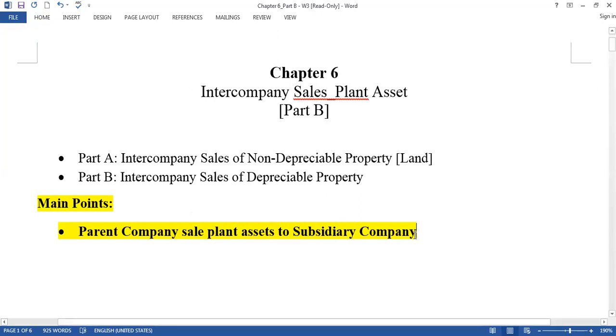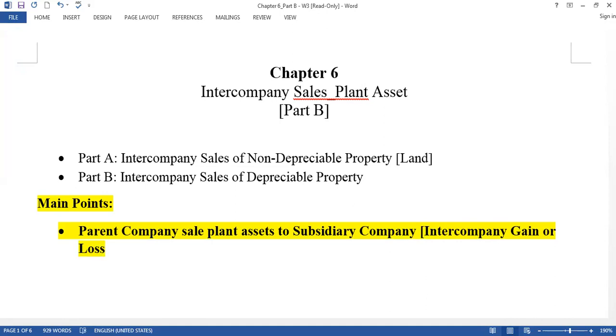Whenever we have a sale of plant asset, as it is intercompany, we may have intercompany gain or loss. And if it is intercompany gain or loss, it is called unrealized gain or loss.